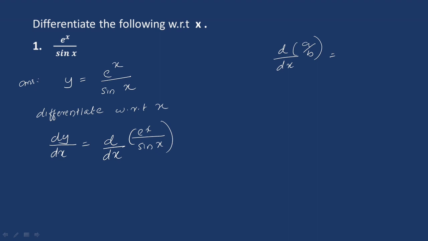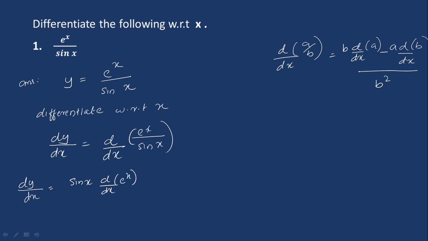So we have d by dx of a by b is b into d by dx of a minus a into d by dx of b, divided by b square. So substituting that here, we have dy by dx is equal to sin x into d by dx of e raised to x, minus e raised to x into d by dx of sin x, whole divided by sin x whole square.